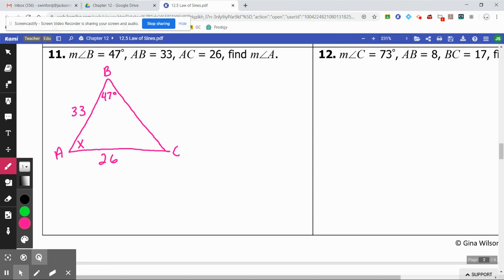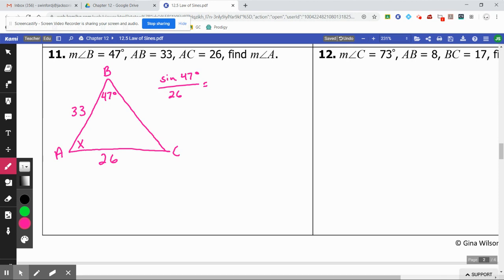I know that the sine of 47 over 26 shows me I can use the law of sines. However, I'm missing something. I'm missing this side across from x.